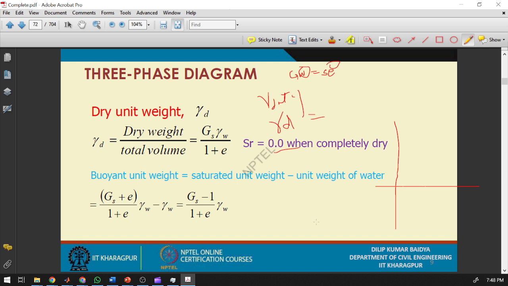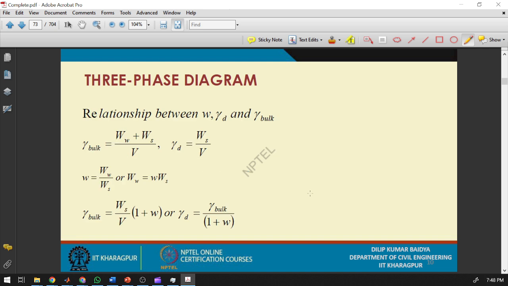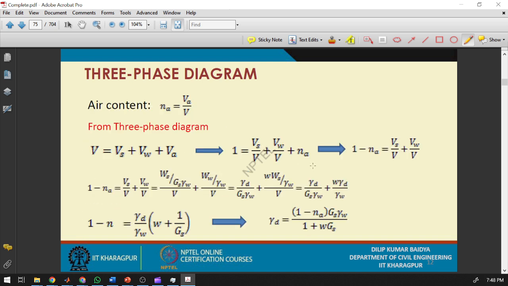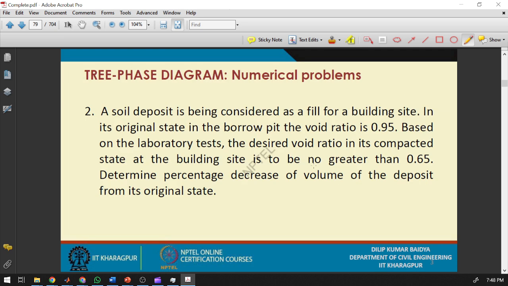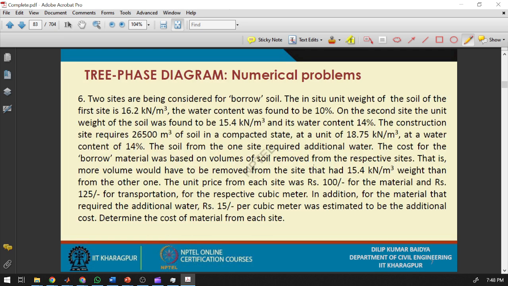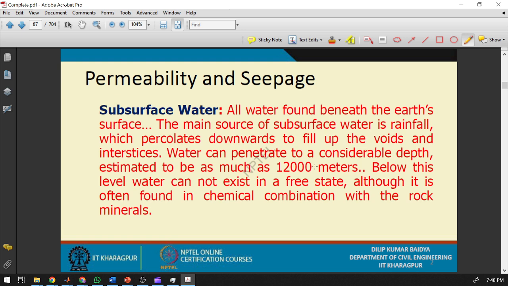It's almost gamma saturated minus 10 if you are taking kilonewton per meter cube. Three-phase relationship. Okay, let's not go over these relationships again. We have already talked about them, and these are some questions on these relationships that we have talked about in class. Now let's talk about seepage and permeability.